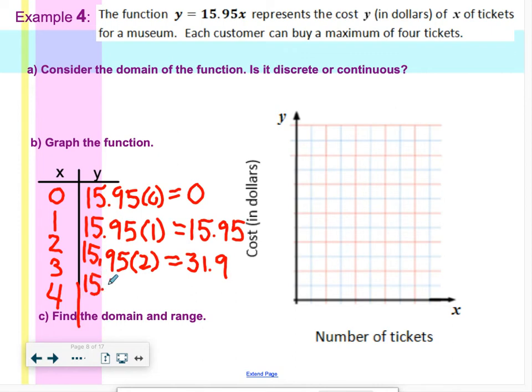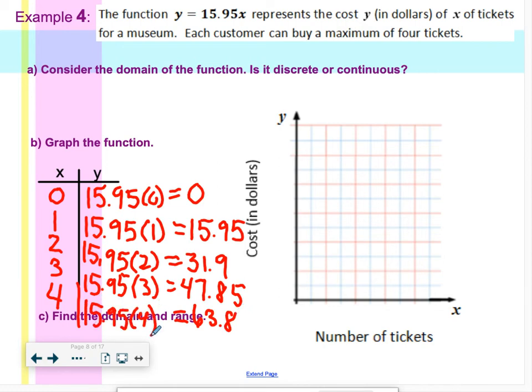At least write down what the answers are. The third one is 47.85. And the last one is 63.8.